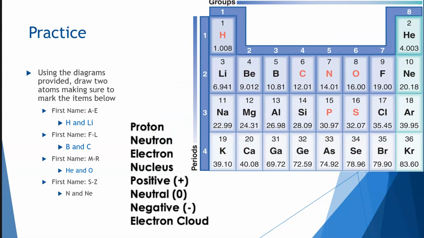So again, this is something we can do in class, but if you pause this, I want you to see how well you could draw an atom that contains the location and number of protons, neutrons, electrons. Tell me where the nucleus is, indicate what parts are positive, neutral, negative. Make sure you draw your clouds.